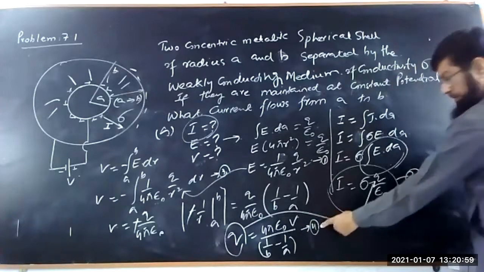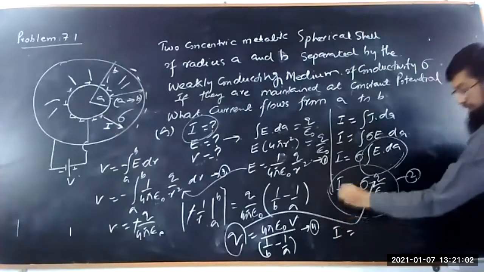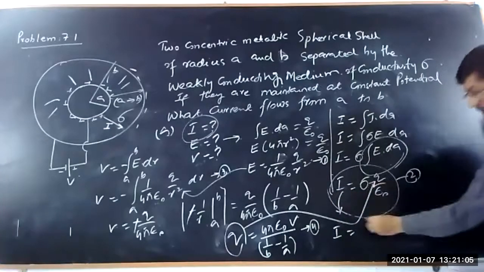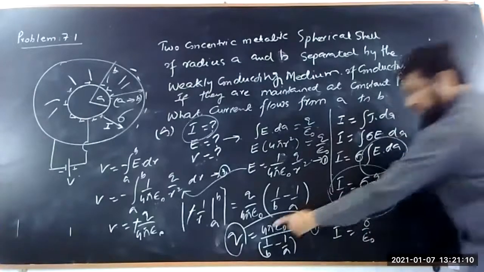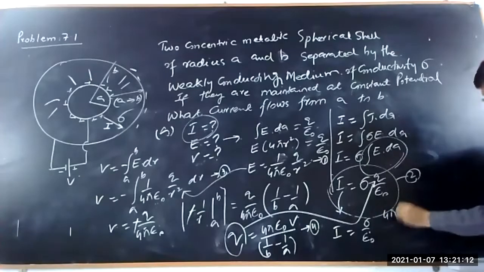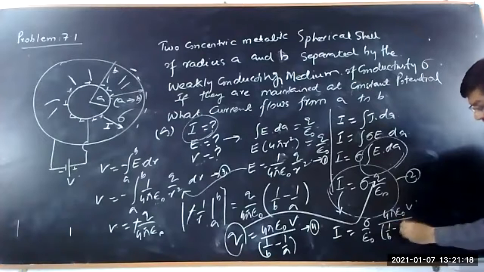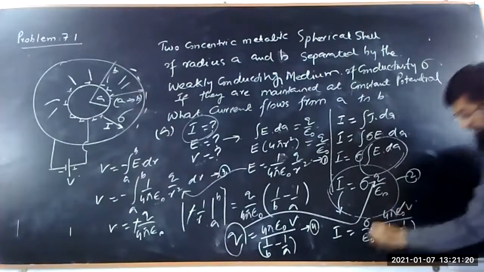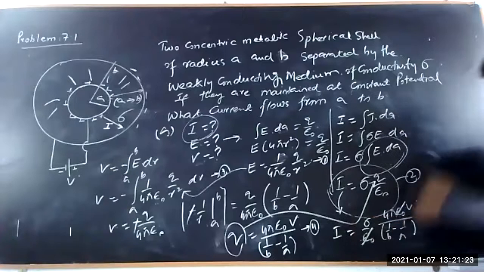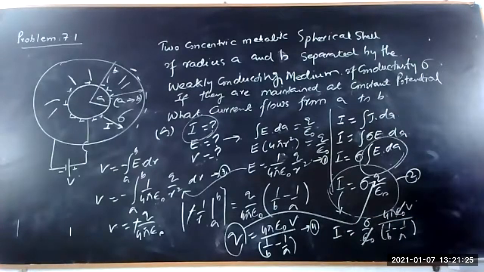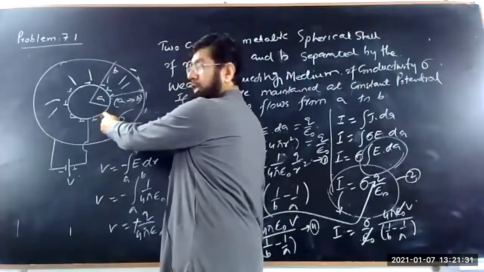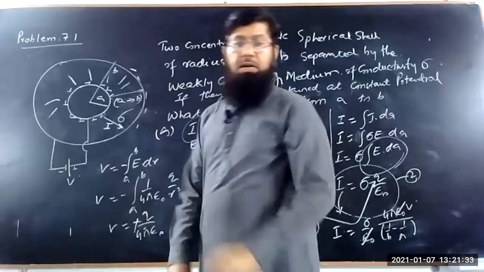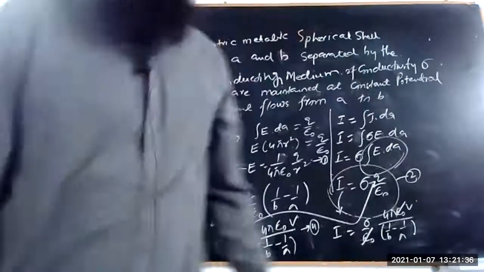From equation number 4, the current I becomes sigma upon epsilon naught Q, where Q is equal to 4 pi epsilon naught V upon 1 upon B minus 1 upon A. Epsilon naught cancels. So this is the amount of current flowing from the inner spherical shell to the outer spherical shell.